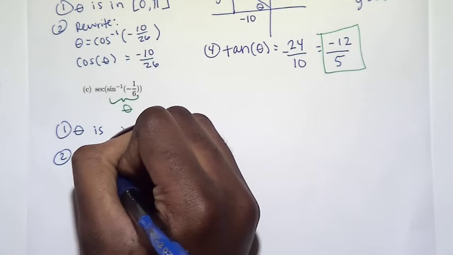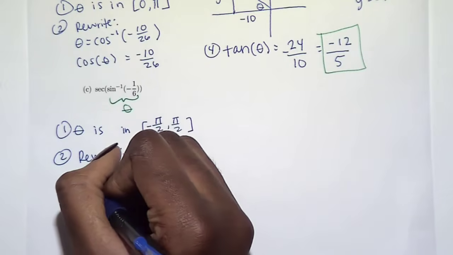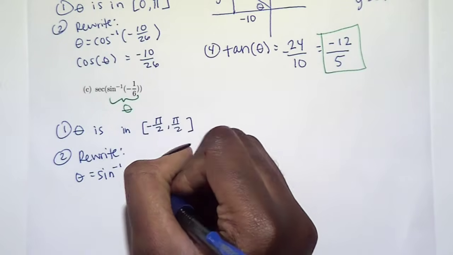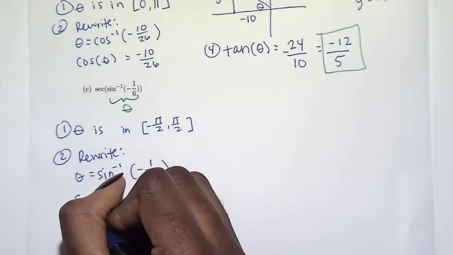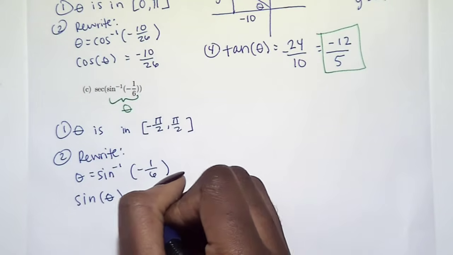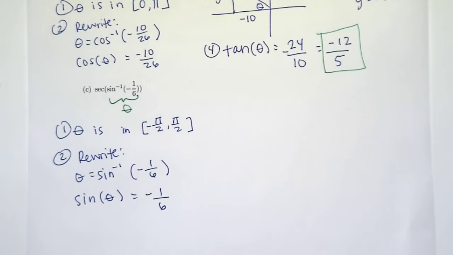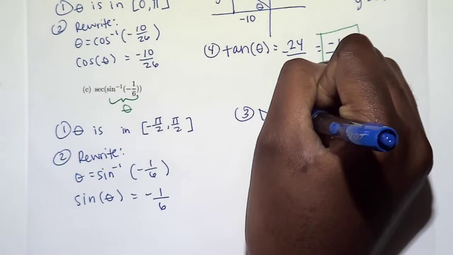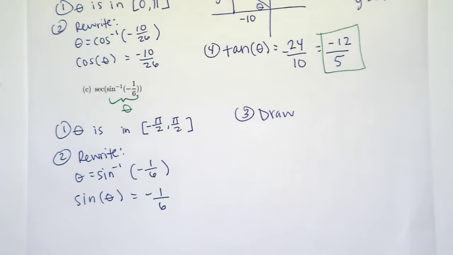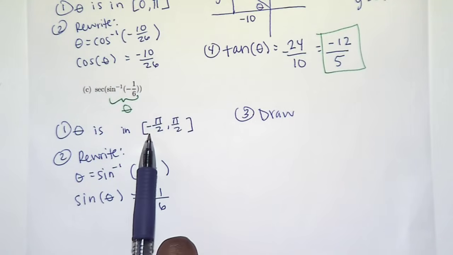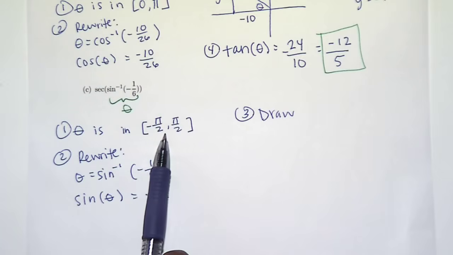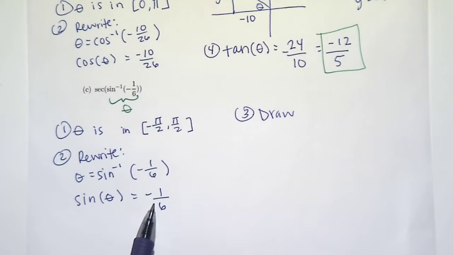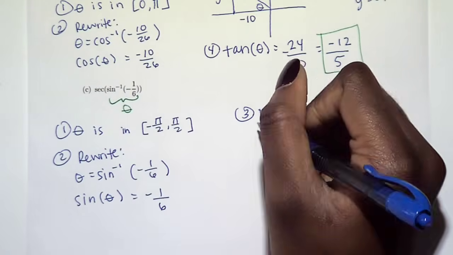So we can now rewrite the problem. Theta is sine inverse of negative 1 over 6, which means that sine theta is negative 1 over 6. So this tells us we're in quadrants 1 or 4. Sine is negative, so we're going to be in quadrant 4.